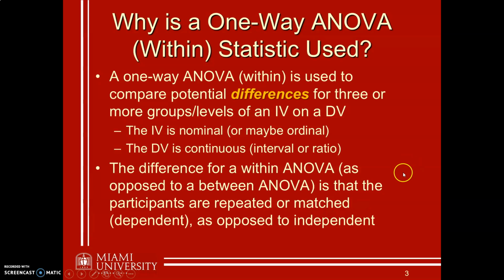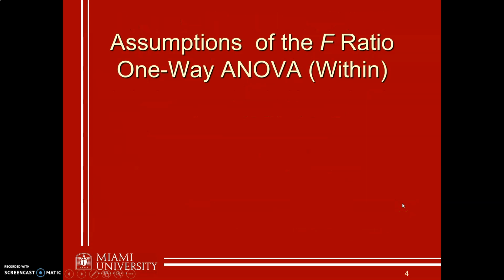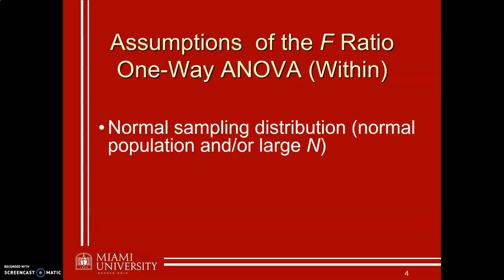So maybe some other important variable has been used to match them, so that each person is matched to someone of the same ethnicity, even though they are in different levels of the independent variable. So our subjects are not completely independent. Again, it's either the same subjects at multiple times, or they've been matched on some characteristics, so they are a little bit related.